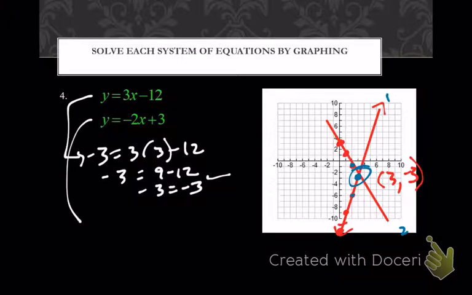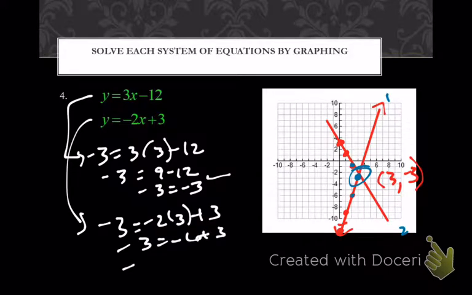Now for the other guy, negative 3 for y, 3 for x. So we get negative 3 equals negative 3, and that works. And so now we know for sure that 3 comma negative 3 is indeed the solution. Okay?